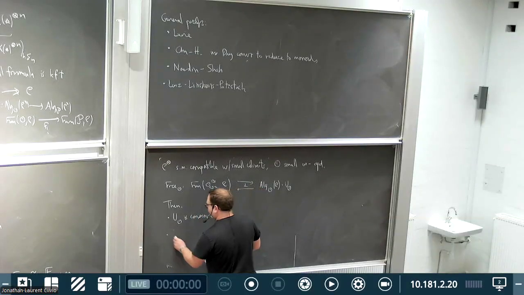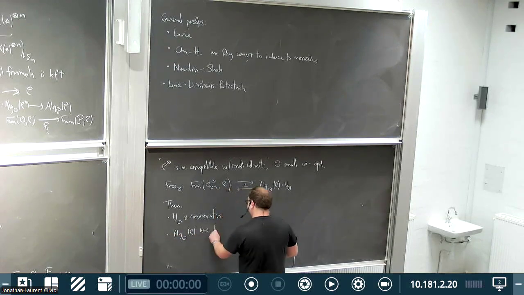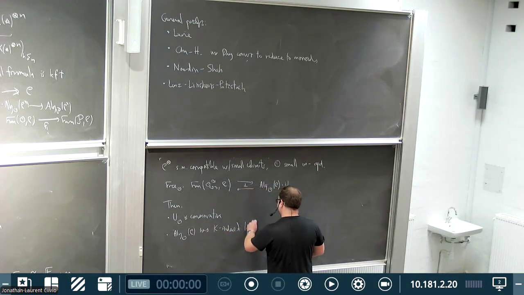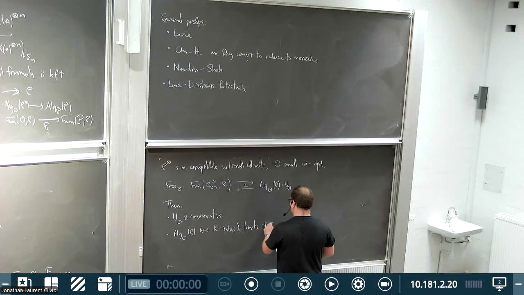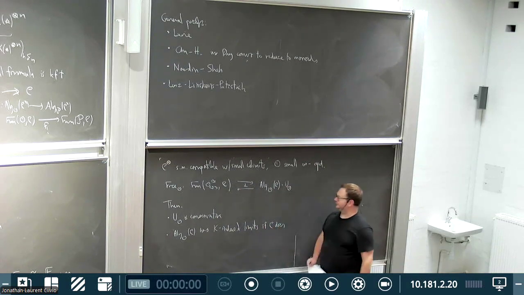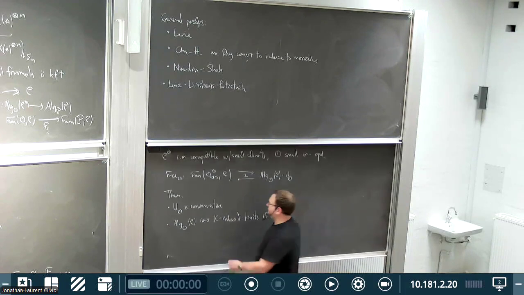And C has its limits, provided C has some, and then of course U_O preserves them since it's the right adjoint.